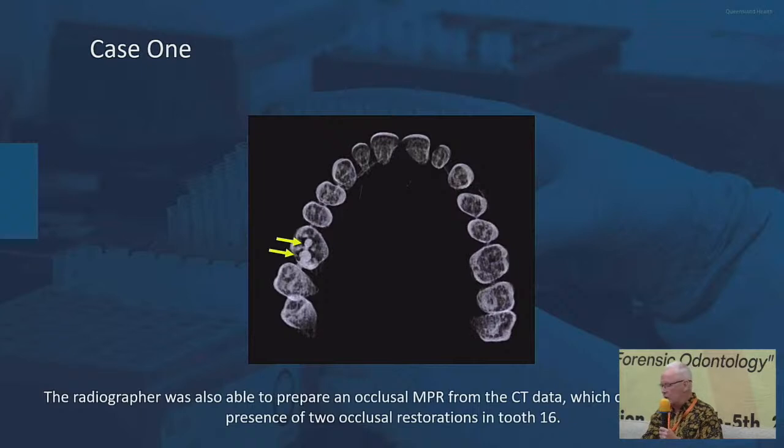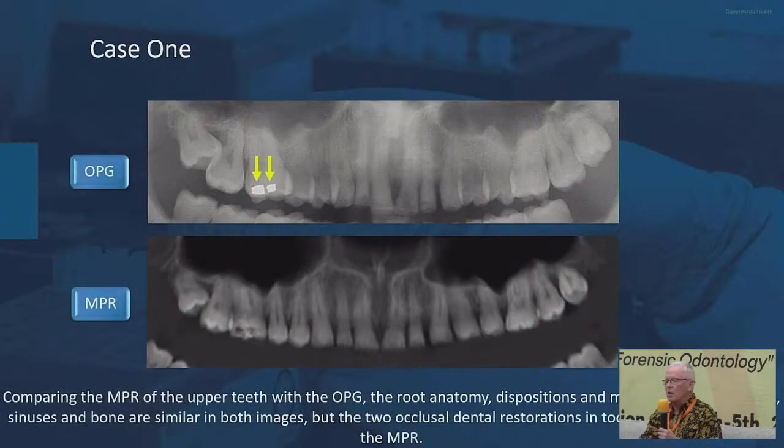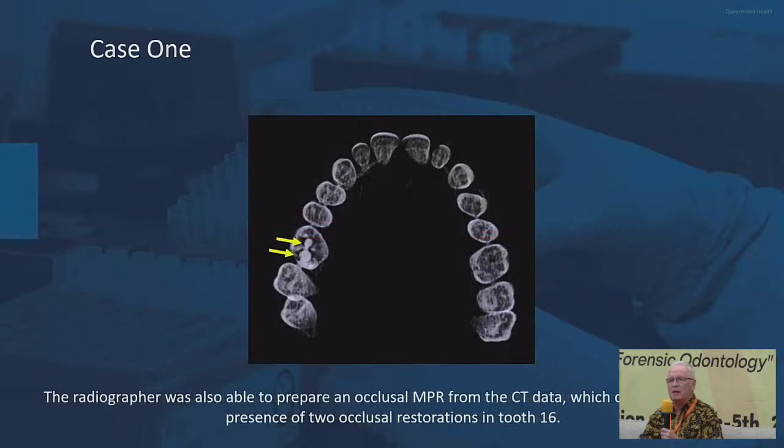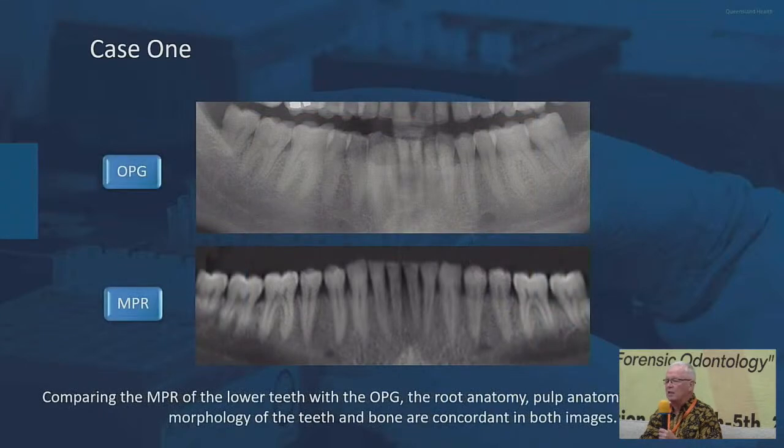Because of the match, and I'll just go back one, because of the similarity between the positions and the morphologies of all of the teeth and their distribution between both the MPR and the OPG, as well as the presence of the 2 pit amalgams, we are able to establish an identity of this body.